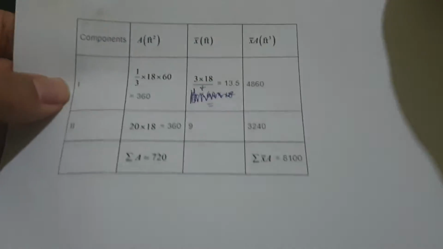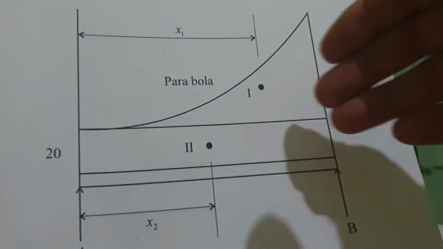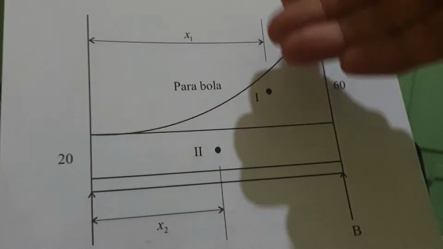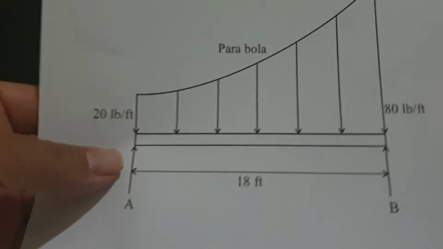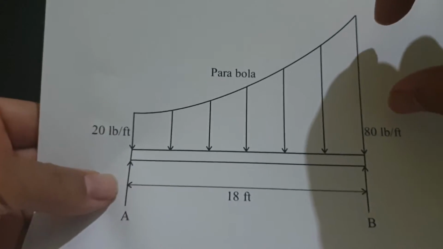Now, let's go to component 1. What is the area here? Well, the area of the parabola, and this has to be given too, is 1/3 times the base, 18, times the height.